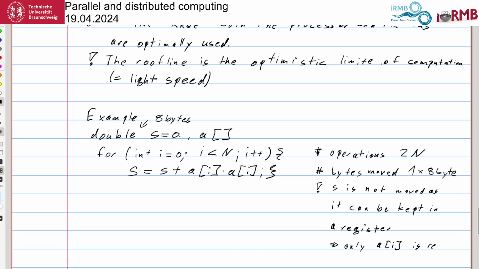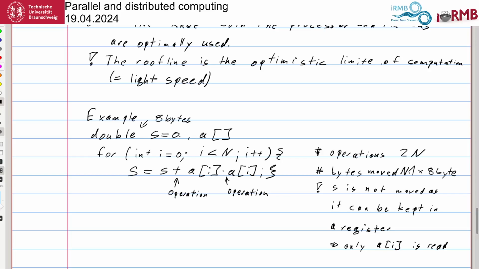So, since this was a problem, I will write here that this is an operation, and this also is an operation. So these are the two floating point operations. I've forgotten something. This is of course n times 1 times 8 bytes, because we have to do this n times.